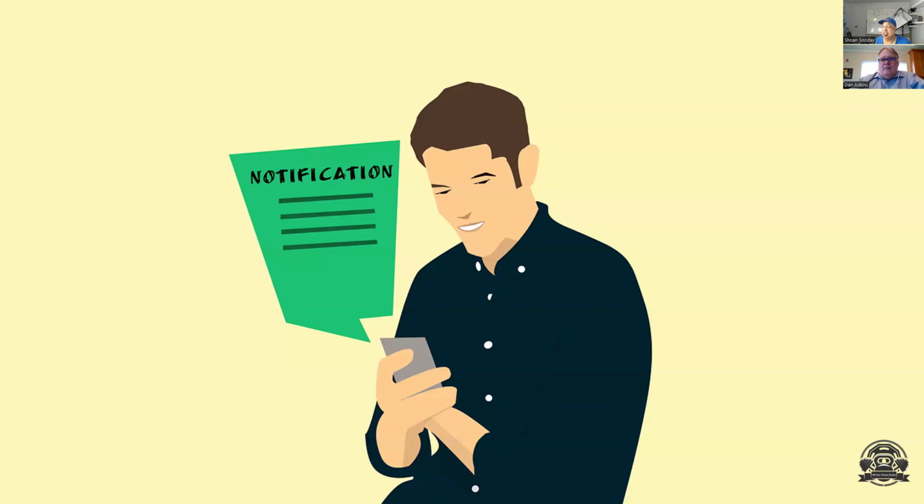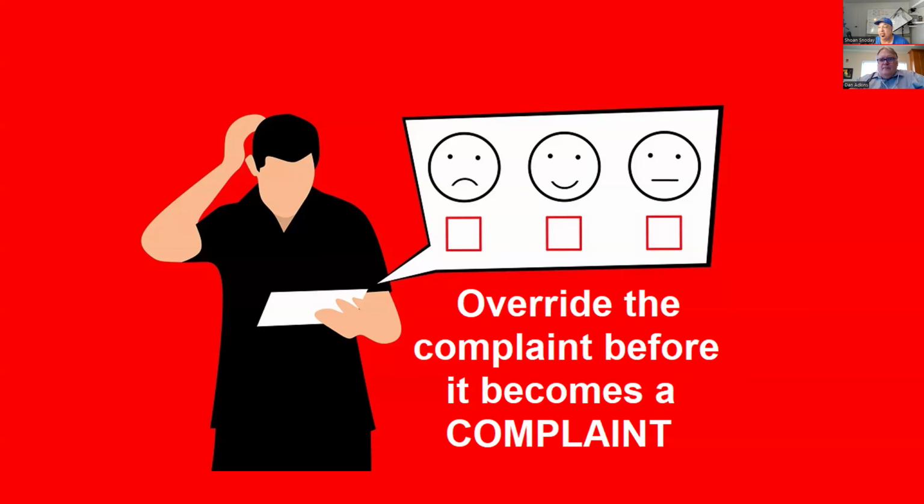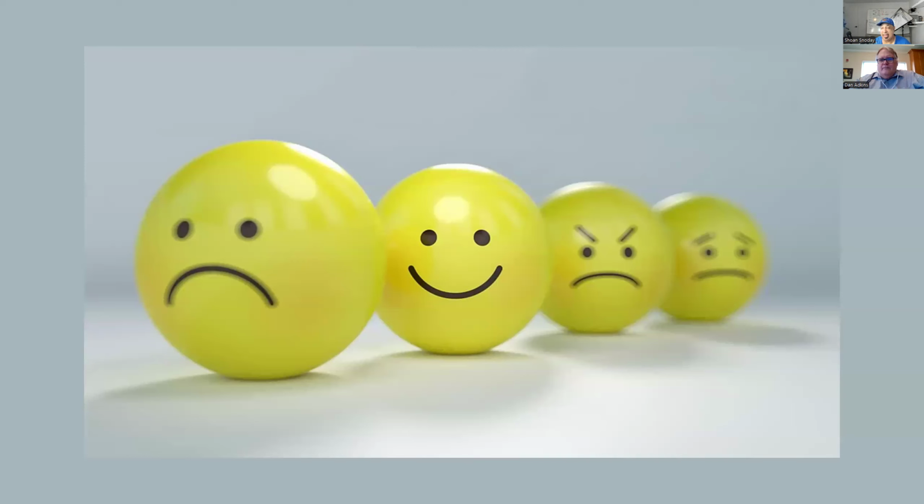So what happens is if you get a 6 or below, our software Keep actually gives you a notification. It says, "Hey, someone complained or they weren't happy. You should give them a call, see what's up." And then you want to override that complaint before it becomes a complaint. I don't want to talk about those people, and I don't want to really talk about the people that give you a 7 or an 8.